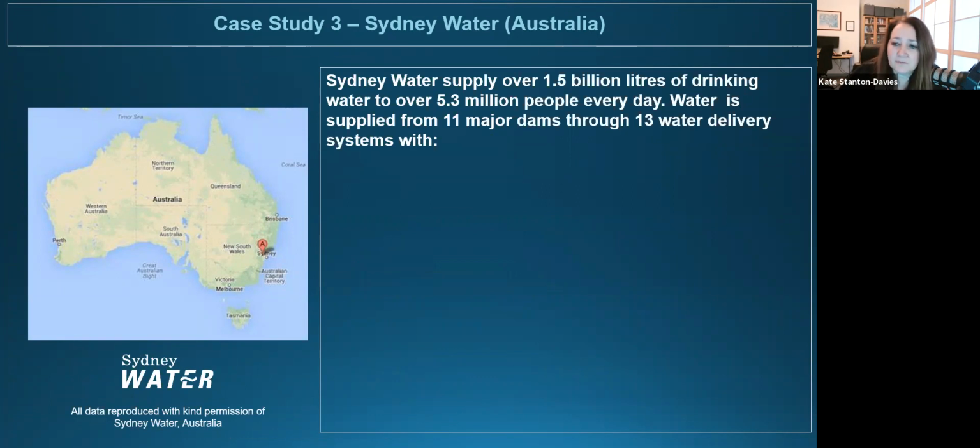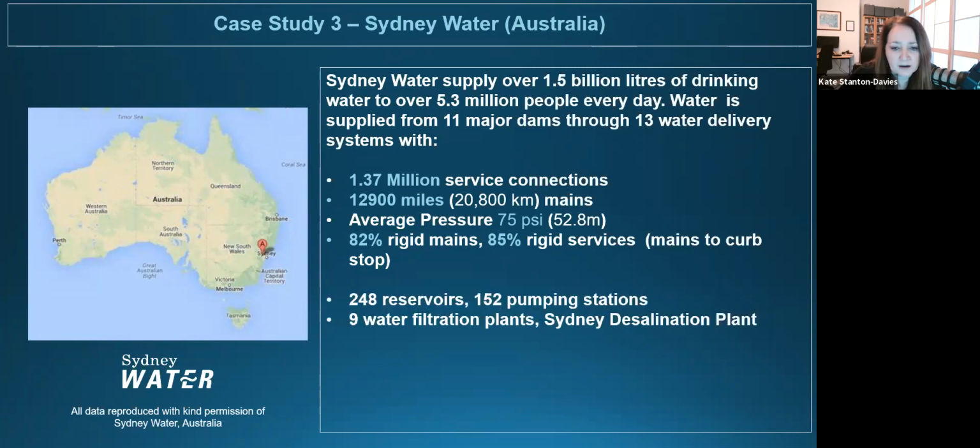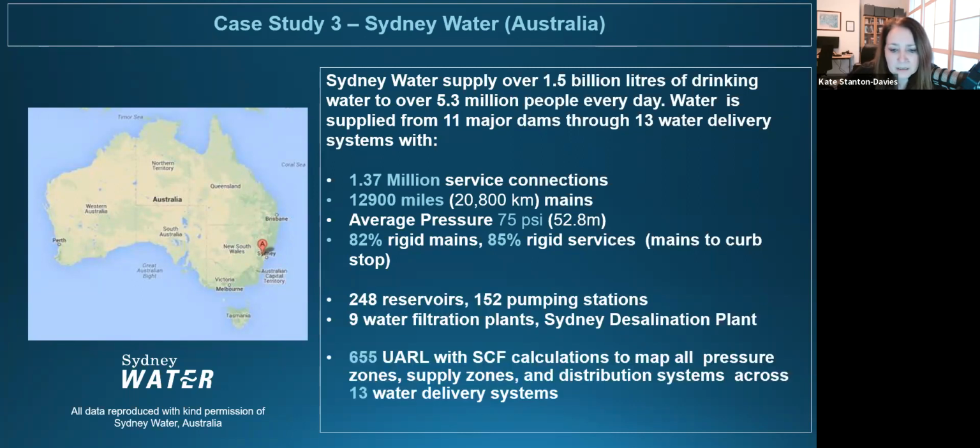You've got 11 major dams supplying water through 13 water delivery systems. 1.37 million service connections with 20,800 kilometres of mains, with an average pressure of just under 53 metres or 75 psi. 82% rigid mains and 85% rigid services from the mains to the property line. 655 UARL with SCF calculations were performed, and this mapped all pressure zones rolling up into supply zones, a number of distribution systems, and then up into 13 water delivery systems.